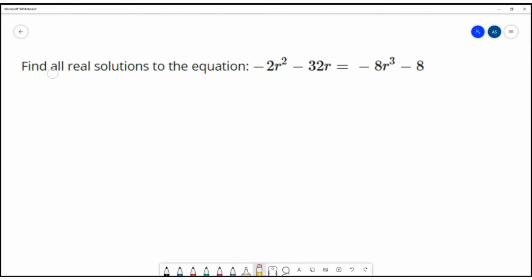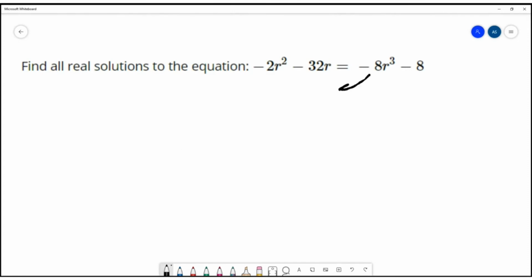In this example, we want to find all real solutions to the equation negative 2r squared minus 32r equals negative 8r cubed minus 8. The first thing I want to do is move all the terms to the same side so that we can create 0 on one side of the equation.